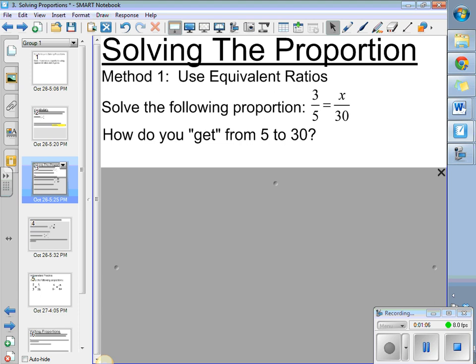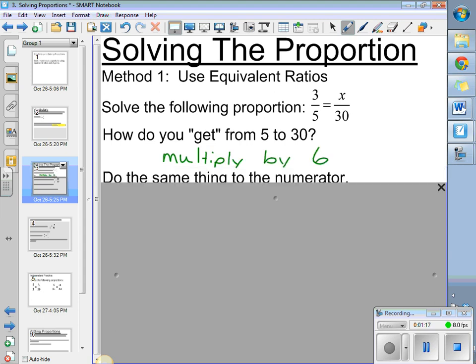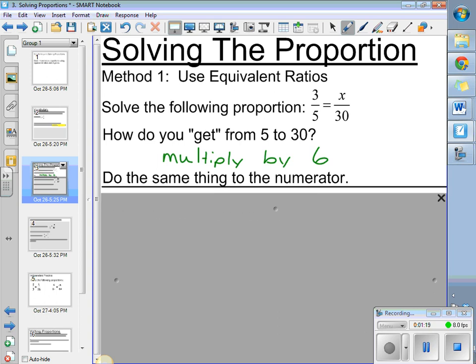Hopefully your answer is multiply by 6. We're going to do the same thing to the numerator. So if we multiply this by 6, we're going to multiply this by 6. So 3 times 6, our x equals 18.